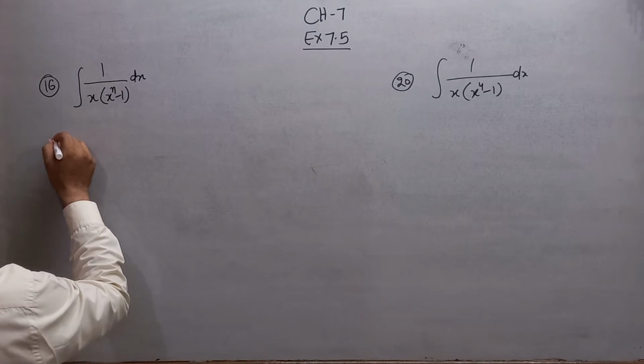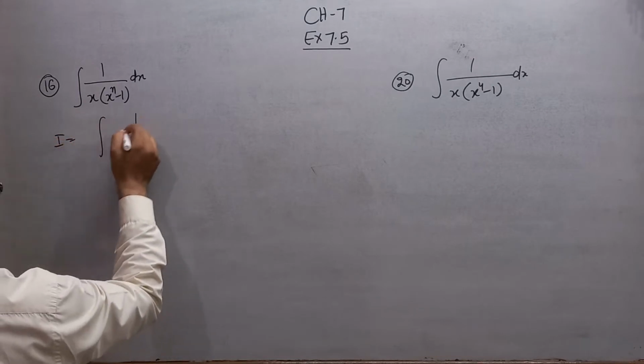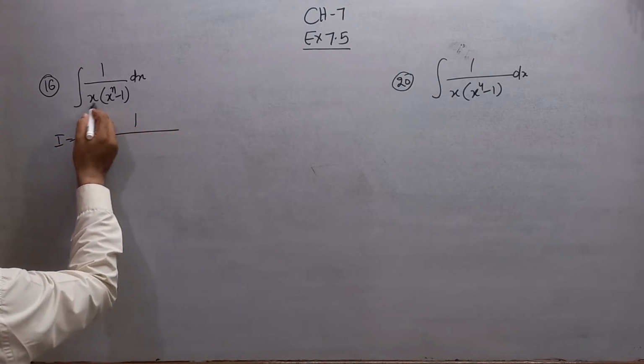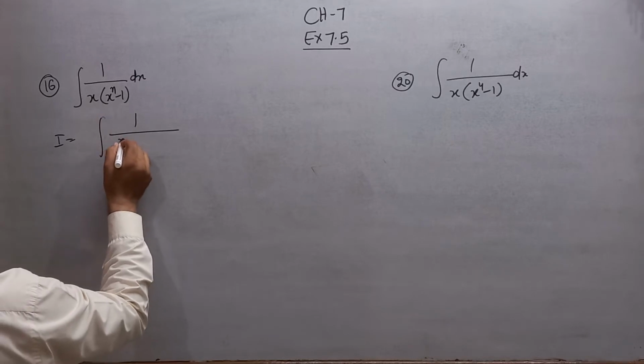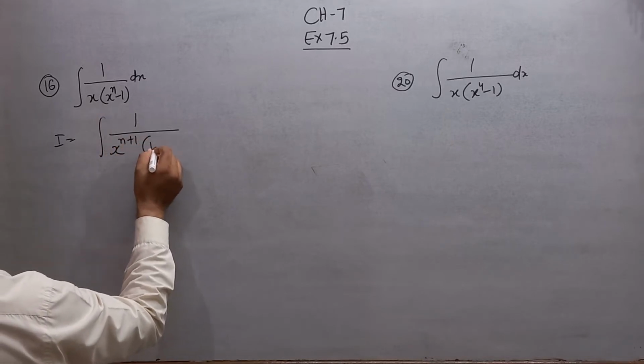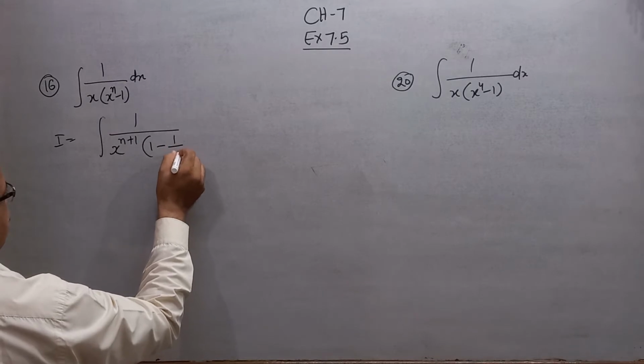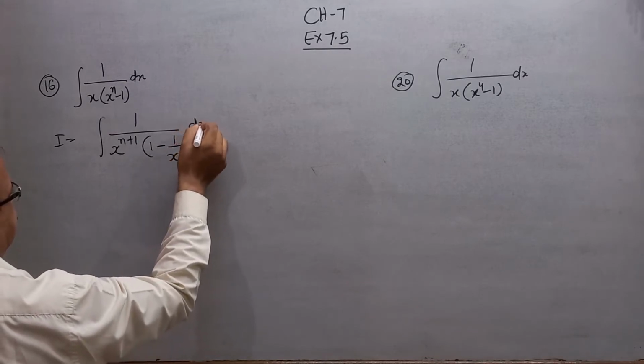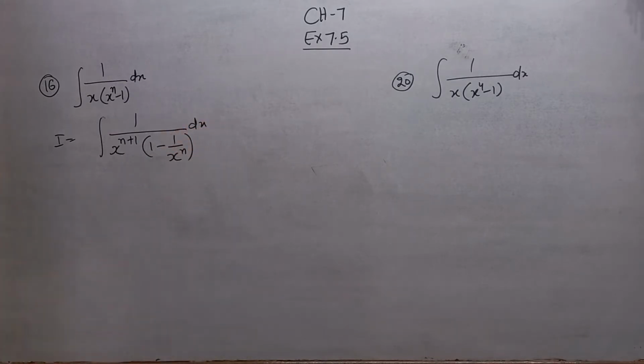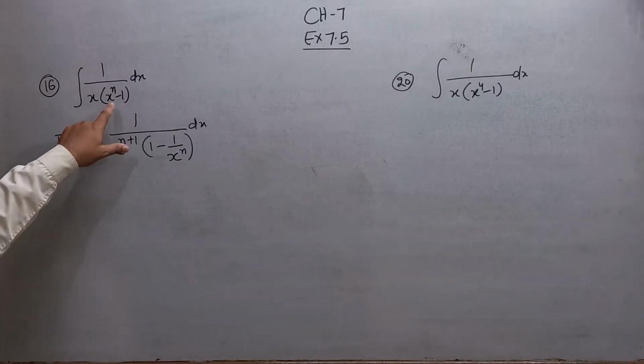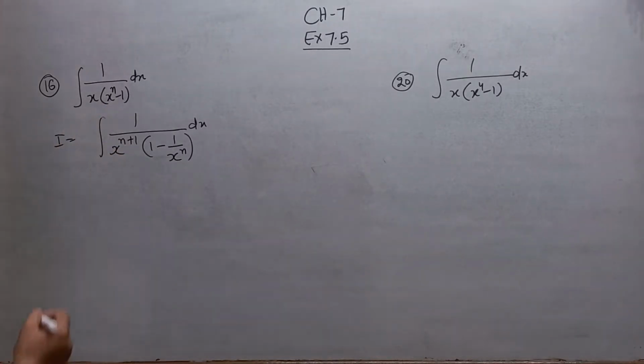Therefore, in this type, always take common x to the power n, giving x to the power n plus 1 upon x to the power n dx.